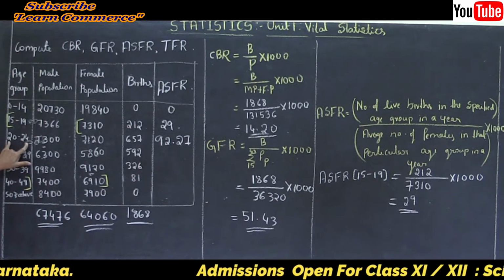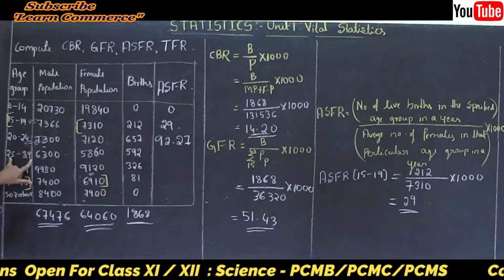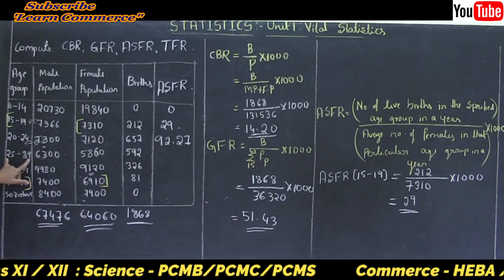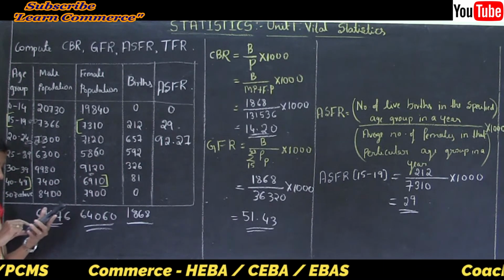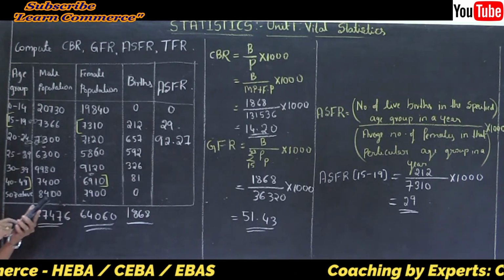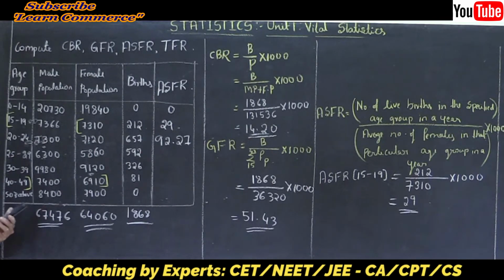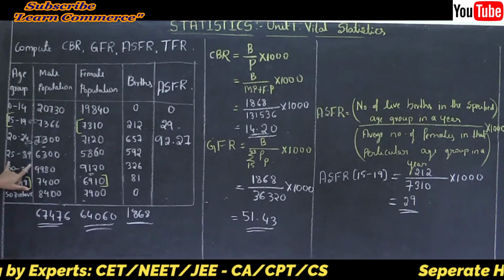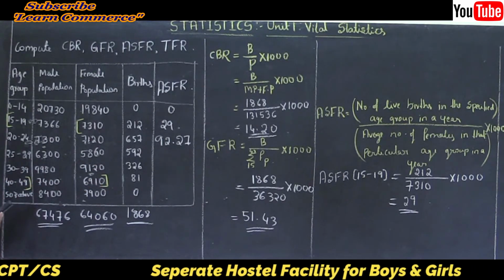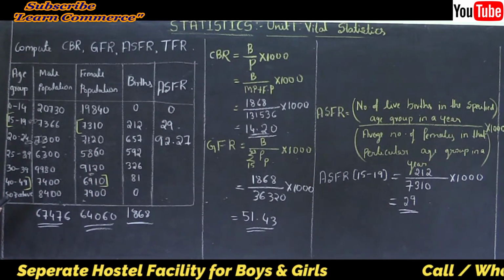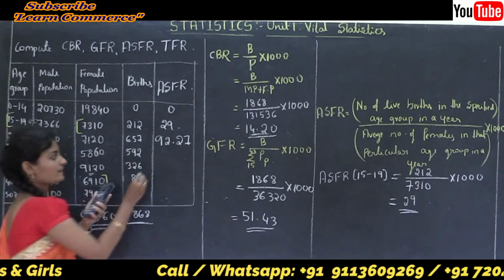Next is 25 to 29. Under this age group, the number of births is 592 divided by the female population 5,860, into 1000.